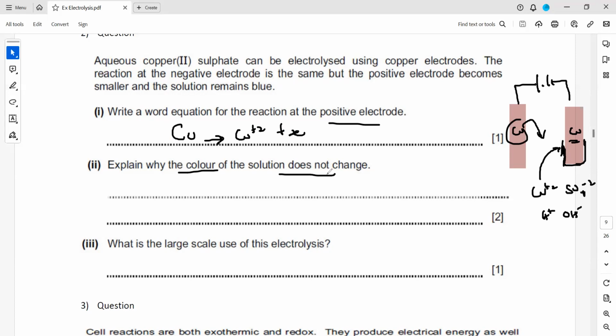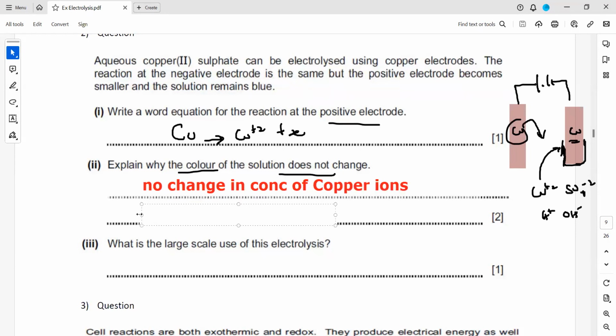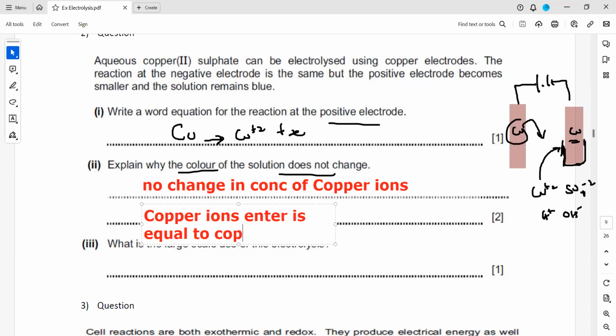Why does the color of the solution not change? What is the reason for that? Because there is no change in the concentration of copper ion in the electrolyte. And what is the reason for that? Because the number of copper ions entering the electrolyte is equal to the copper ions exiting the solution.